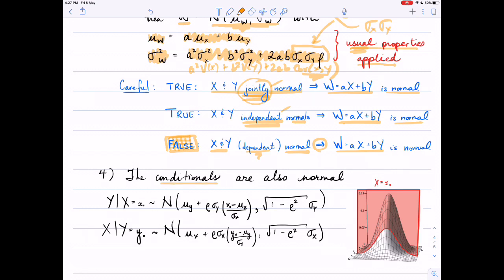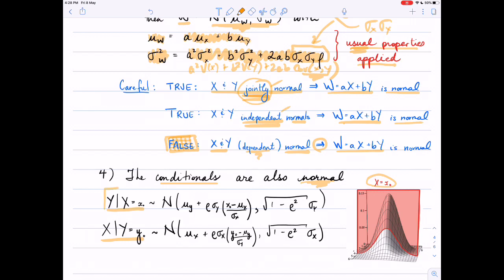You will be excited to learn, I think, that the conditional densities here are also normal. It's like normality for everybody. If X and Y are jointly normal, then it's normality all around. You remember that a conditional distribution was like restricting to a certain value.